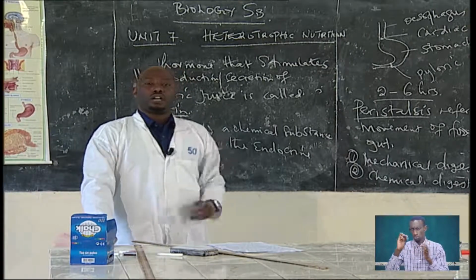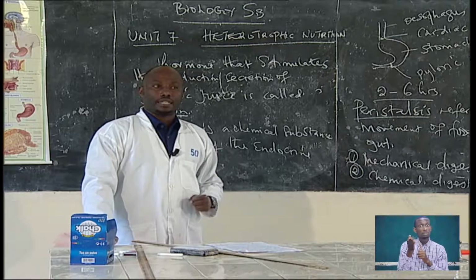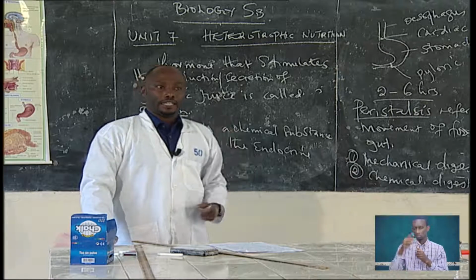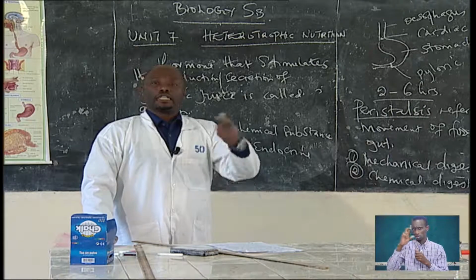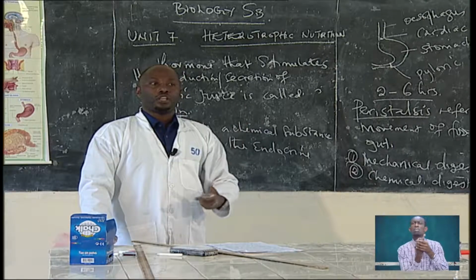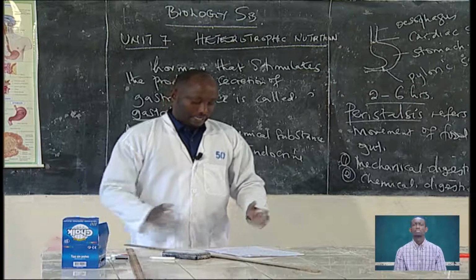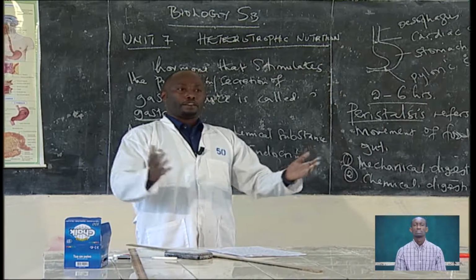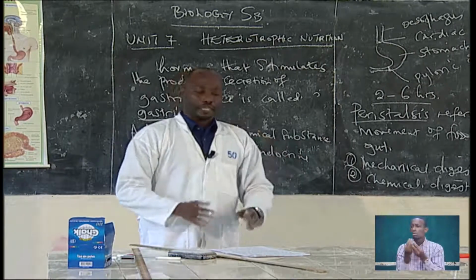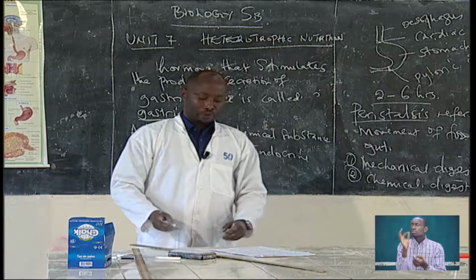And sometimes endocrine glands are referred to as ductless glands. It means that they secrete or empty their secretions directly, not into ducts. So once you smell food or once gastrin is stimulated, automatically gastric juice must be produced.